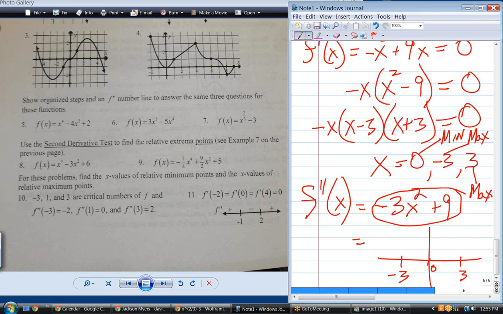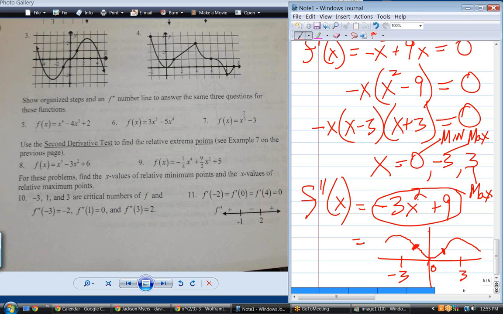Okay, so what might that look like? Something like that. And they didn't ask for inflection points, but inflection points are going to be right there and somewhere right there, probably.